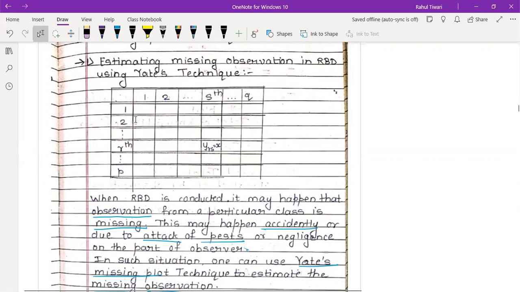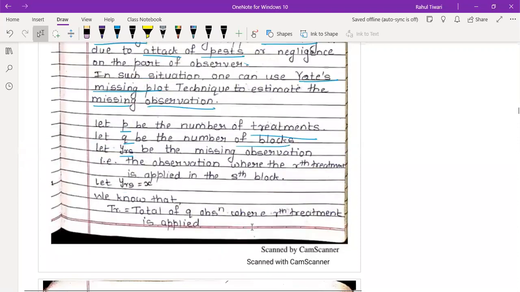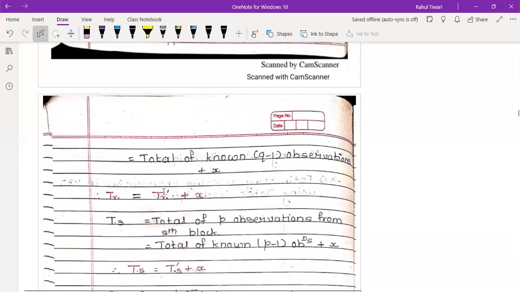How will you get that? If you take the total of these entries, since one is missing, I have a total of Q minus 1 observations, 1, 2, 3 up to Q, so Q minus 1 observations plus X. It would simply be T_R dot dash, which we assume is the total of the Q minus 1 observations, which is known, plus X, where X is your unknown value.